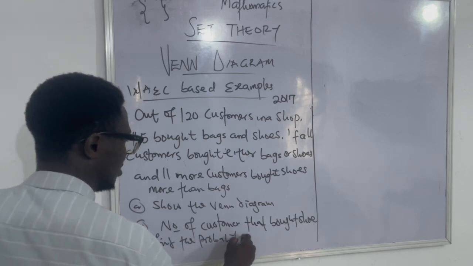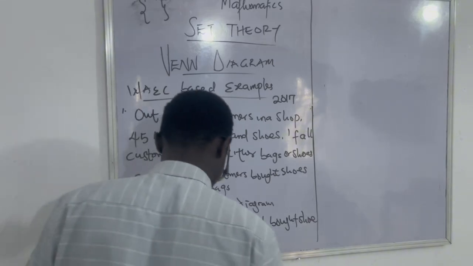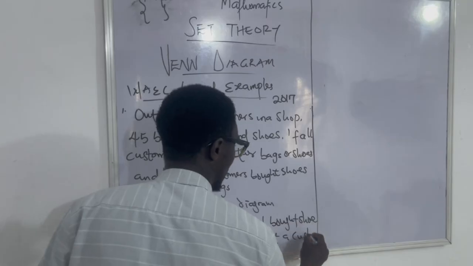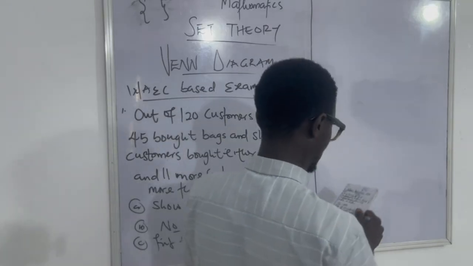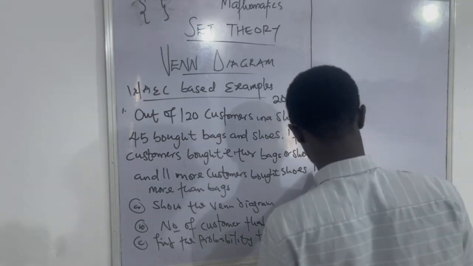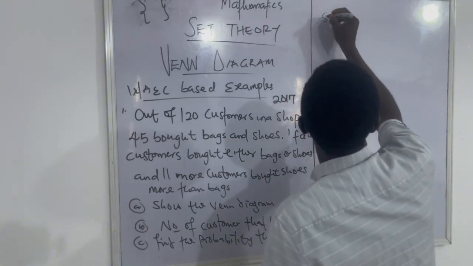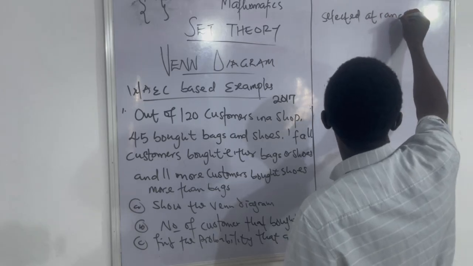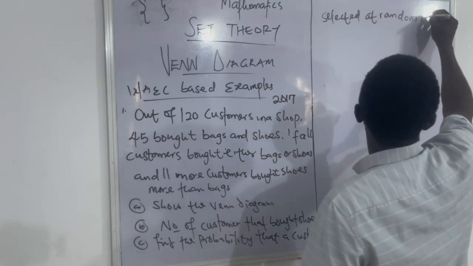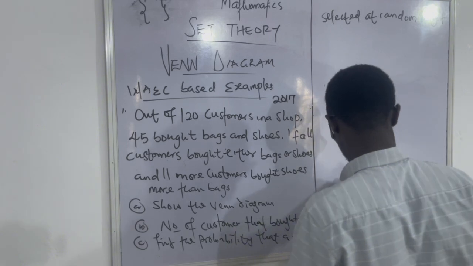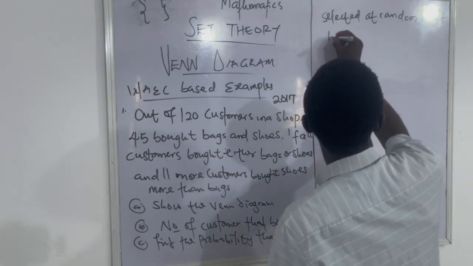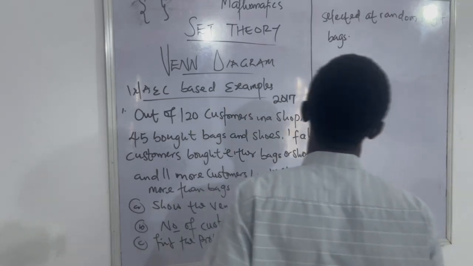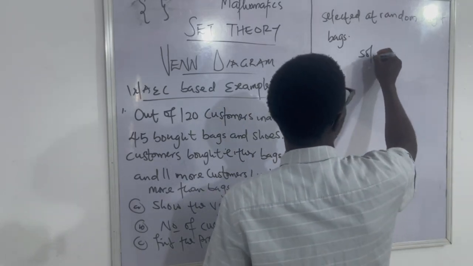You can see that probability is inside set, find the probability that a customer selected at random bought bags. So are we together? So from here, let's take it from here.